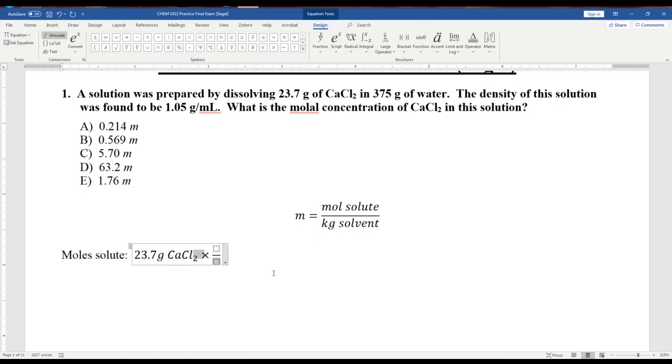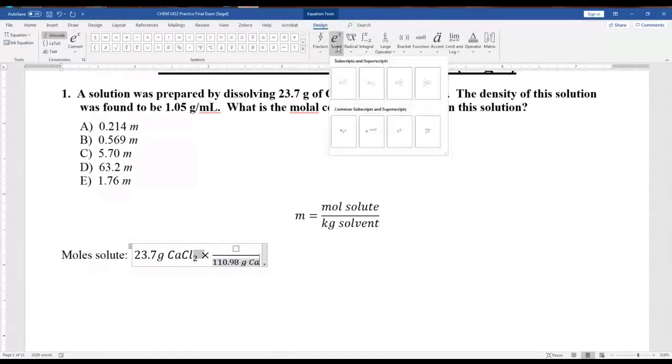If I add those together, that's roughly 110.98. I did that in my head real quick, so it might not be totally accurate, but calcium is 40.08, 2 chlorine is 70.90, and that should add up to about 110.98.